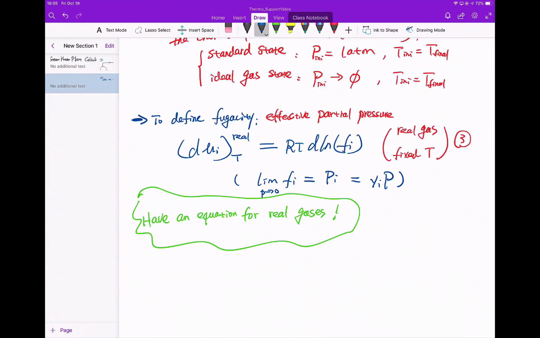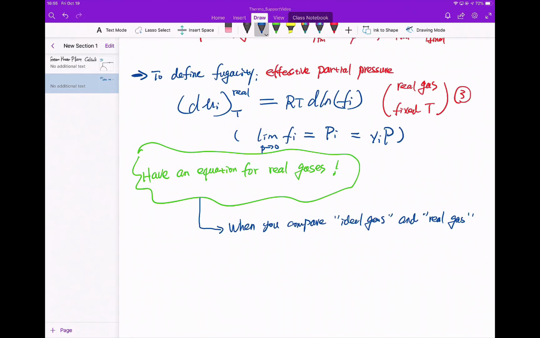So the natural question we would have is when you compare ideal gas and real gas, you want to understand how far away one is from the other.